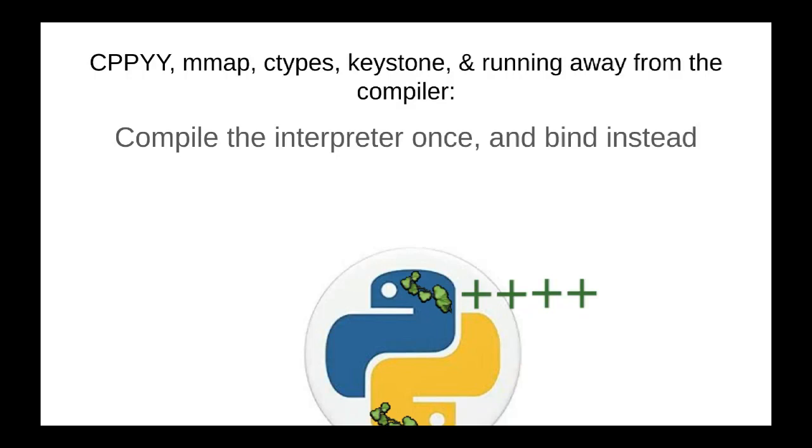I will be looking into a project called CPPYY, primarily for eliminating the garbage compiler. Now, if I seem a little stuffy, that's because I'm a little sick. But moving on. I looked into CPPYY for a couple of reasons.